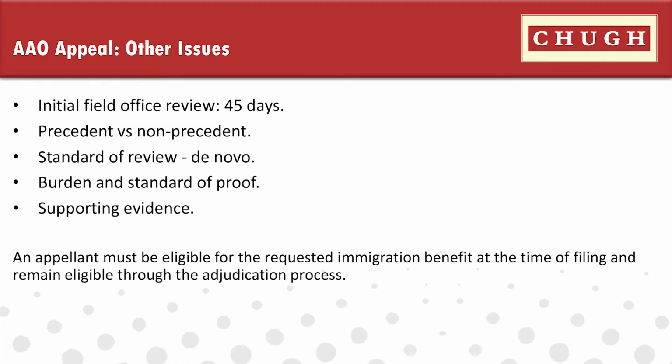And the burden of proof, of course, is on the appellant. The appellant has the burden of proof to establish eligibility for the requested benefit. The burden of proof actually includes two sides. One is the burden of production, and the second is the burden of persuasion. The burden of production is that you must submit enough evidence, and the burden of persuasion is that you have the obligation to persuade the agency that the final decision should be favorable to the appellant.